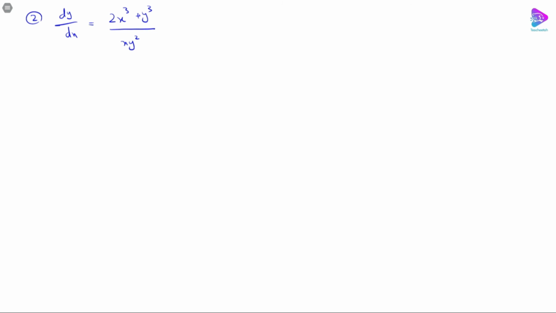You can check this yourself. You'll see that f(nx, ny) is equal to f(x, y), and therefore I'm gonna use the same y equal vx and dy is equal v dx plus x dv.